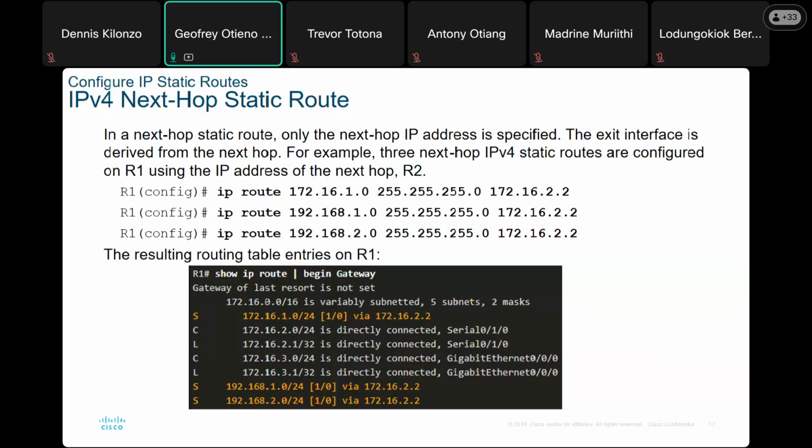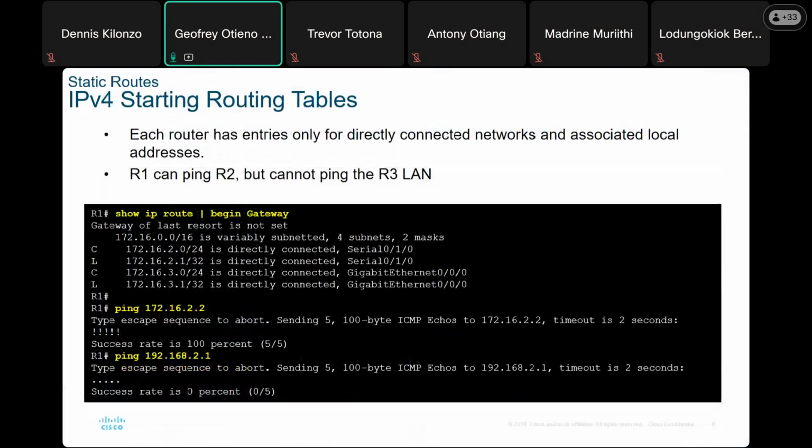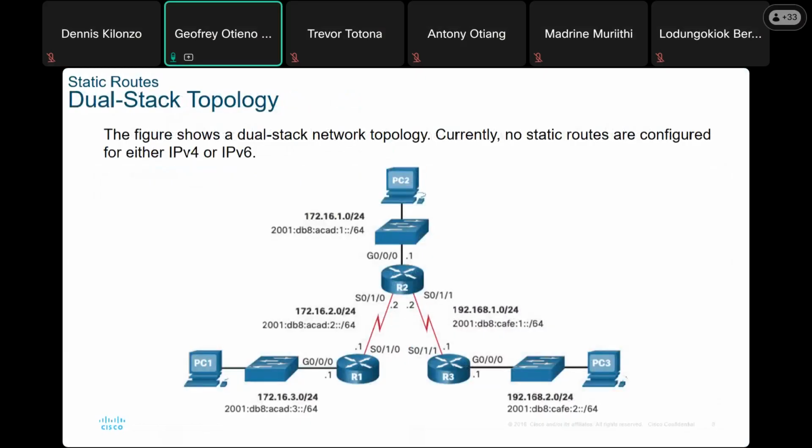If I can take you back to the diagram, I'm on R1. I want to go to PC2 and PC3, including the interface between R2 and R3.